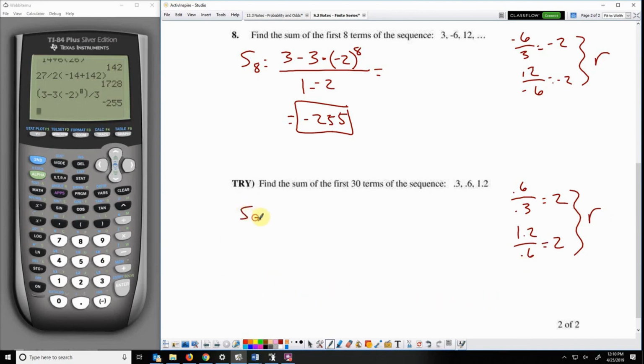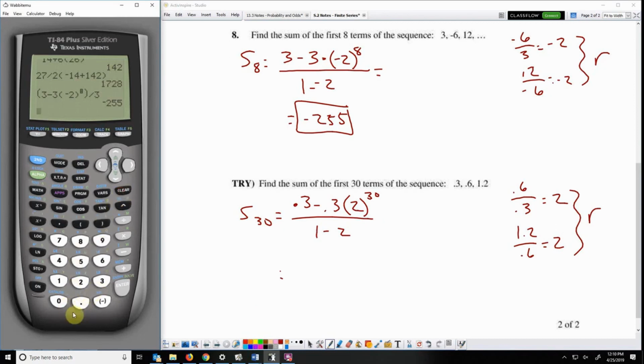So the sum of the first 30 terms is the first term, 0.3, minus the first term, 0.3, times r, which is 2, to the n power, and I'm dealing with 30 terms here, over 1 minus r, so 1 minus 2.